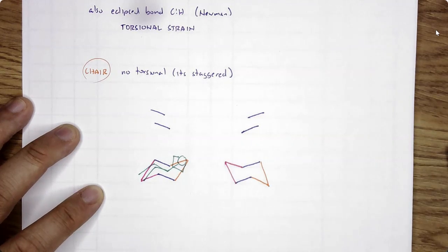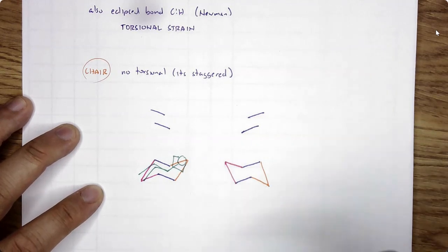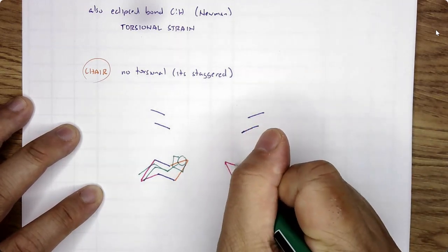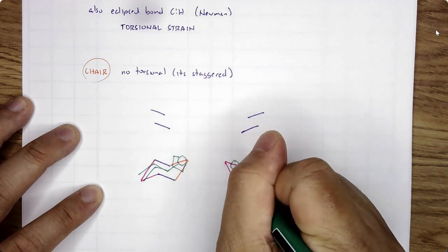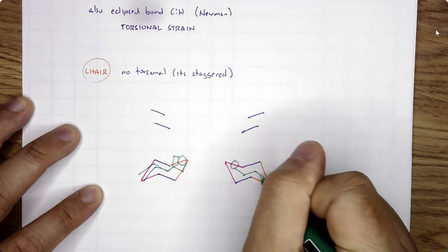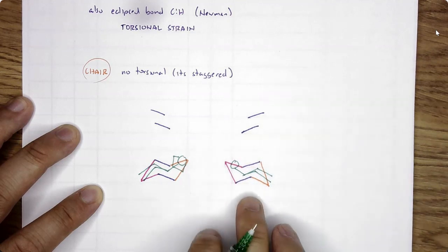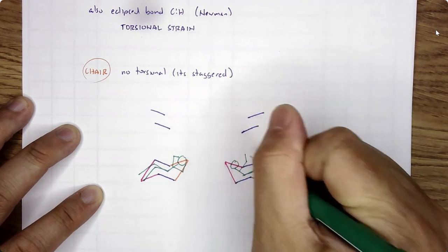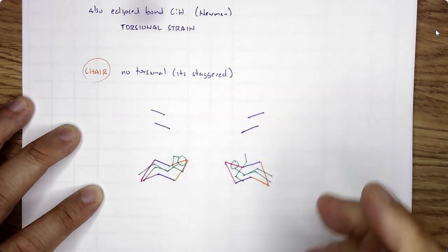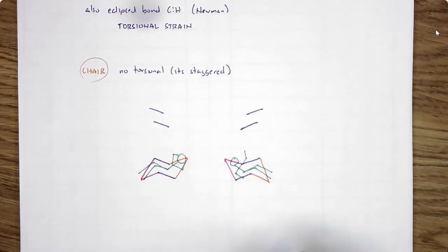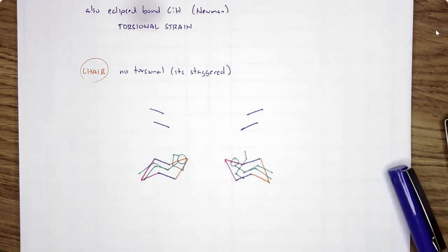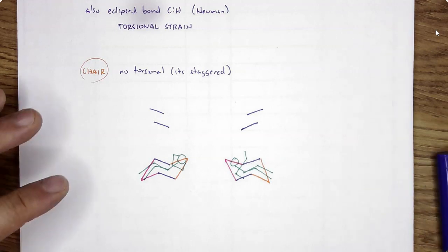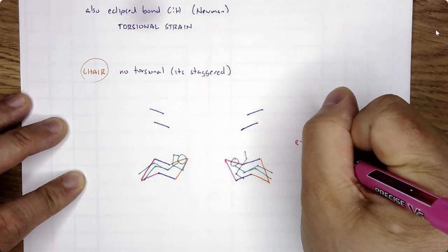Alright, so now my person's back is here, his butt's here, and his feet are hanging off on the right-hand side. Again, he's just lounging. The fact of the matter is, every cyclohexane has two chair conformations. Always.